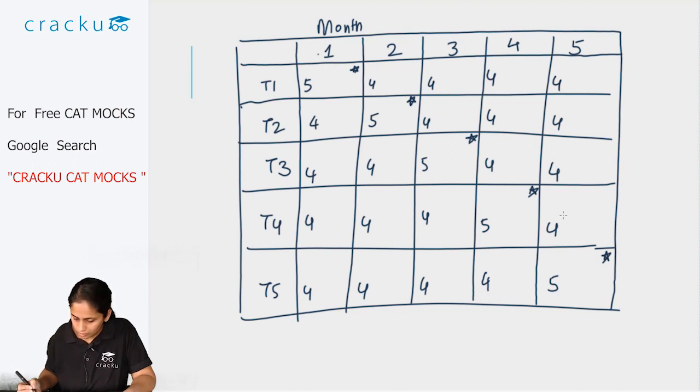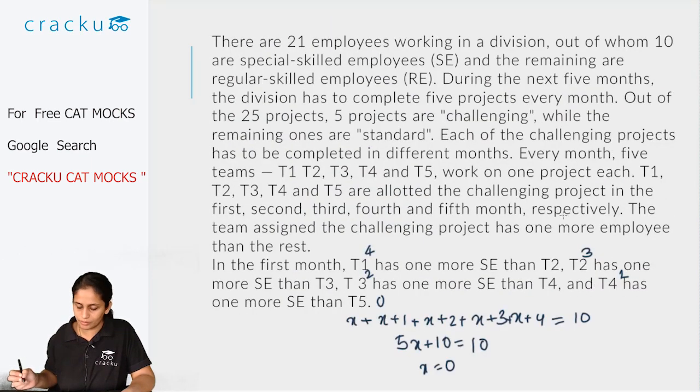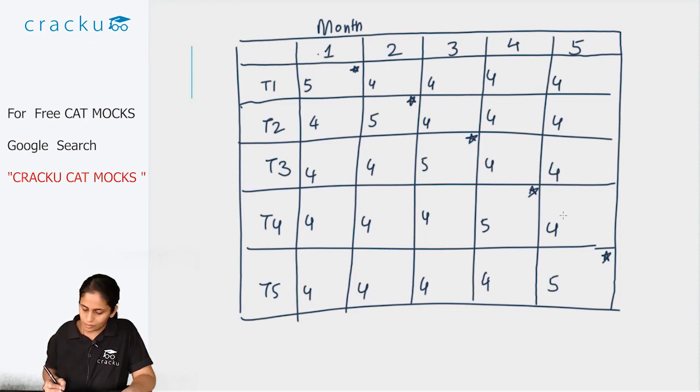We also know the distribution for the first month. We know how many of these were special skilled employees and how many were regular employees. T5 had no special skilled employees, so this is 0 SE and 4 RE. T4 had 1 SE, so this is 1 SE and 3 RE.